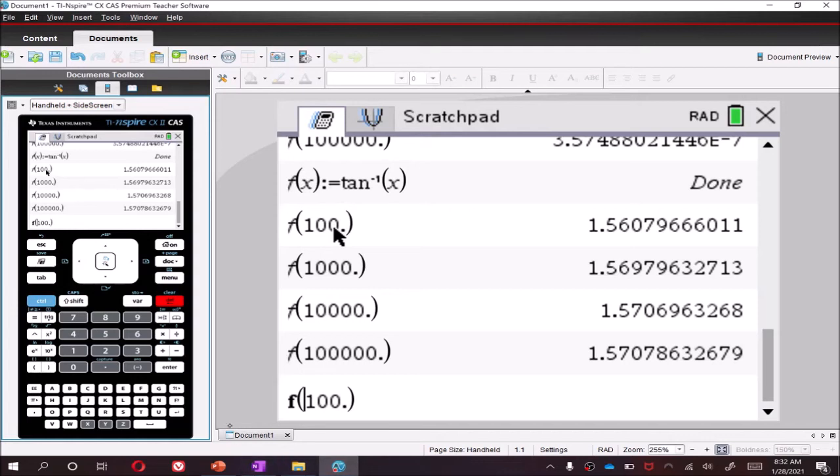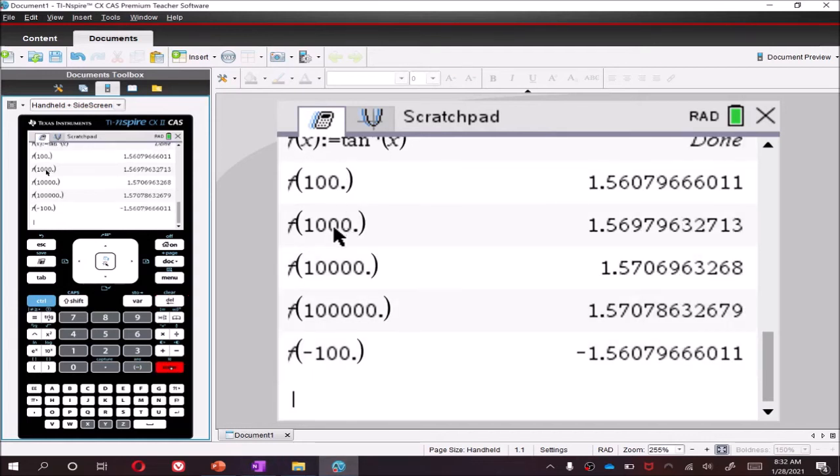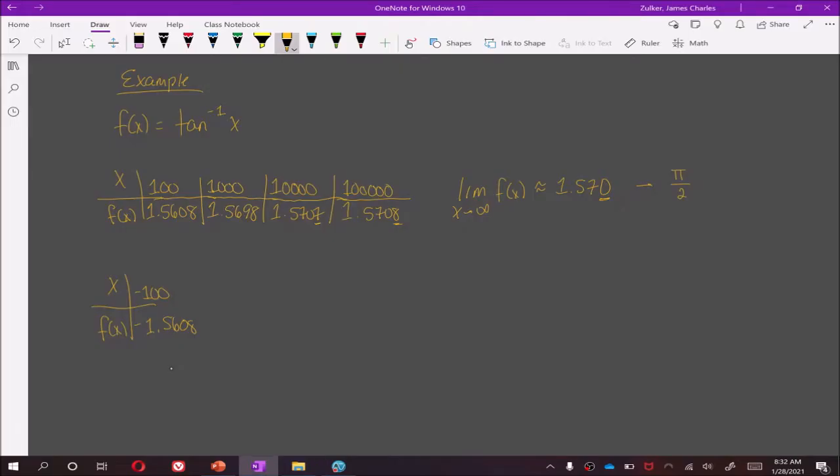You can see it's the same value, just negative. Now negative 1,000 will be this, and so on and so forth. All the values are going to match, except negatives from the previous table. So limit as x approaches negative infinity of f of x will be approximately negative 1.570, which is negative pi over 2.